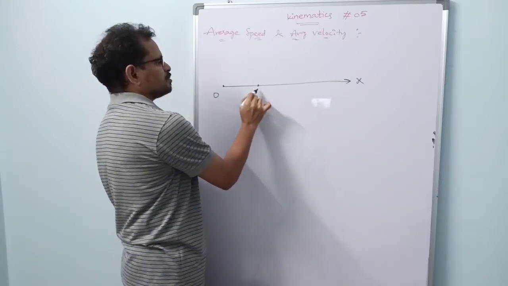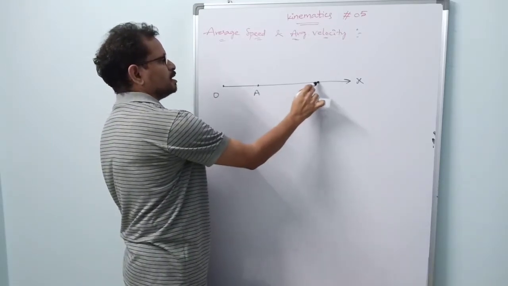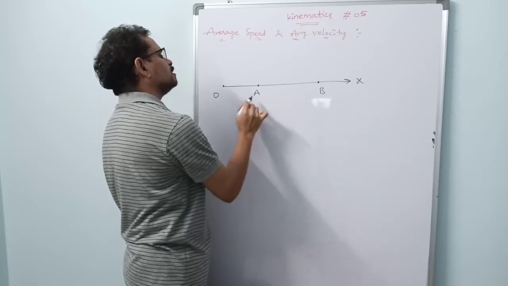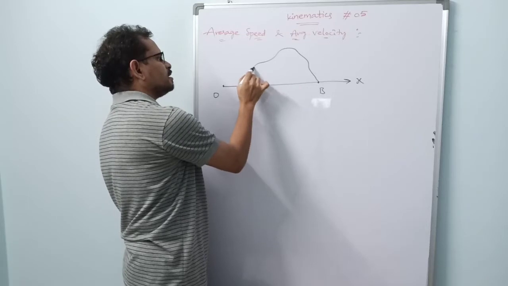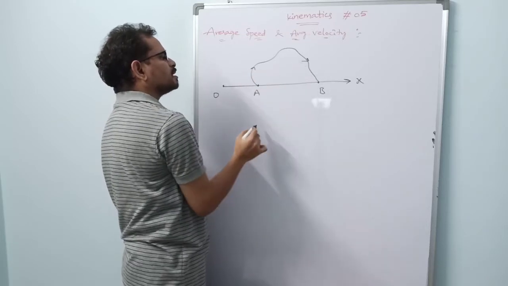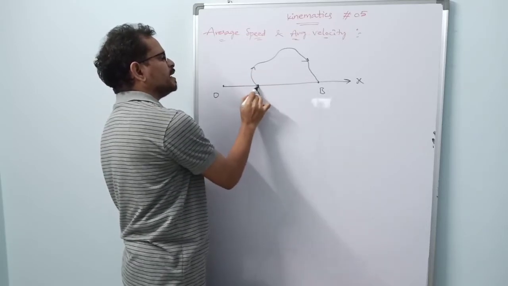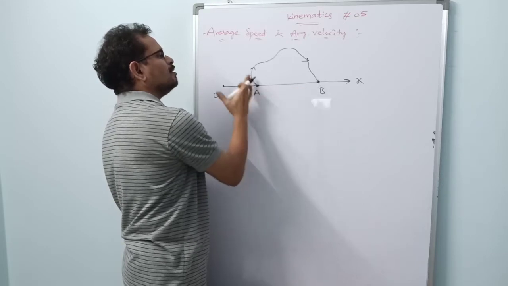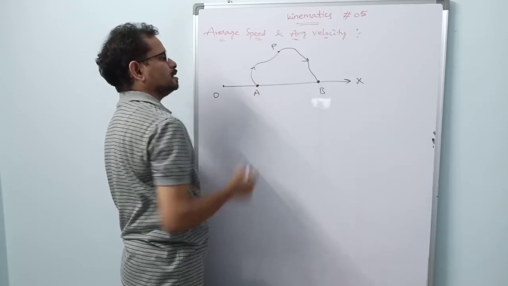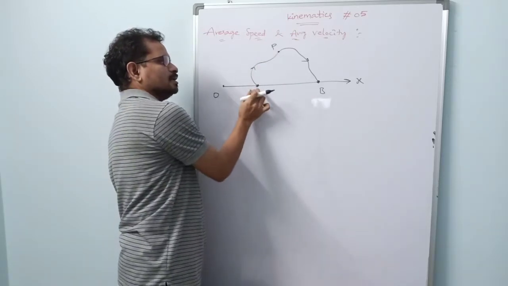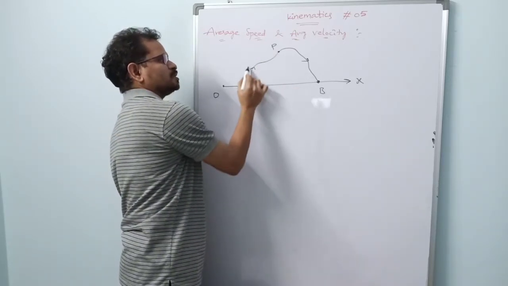Let us consider a point A here, and a point B here. Let us suppose that a particle moves from A to B along this path, and let us consider a point P here. So a particle moves from A to B along this path APB.